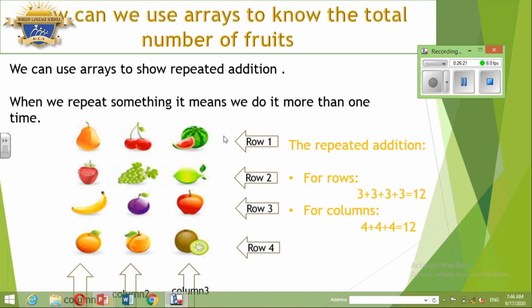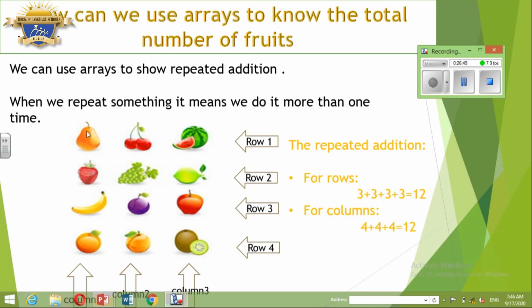And I also can use the columns to know how many fruits I have in total. We said that we have 3 columns, right? Okay, but how many fruits do I have in each column? Let's count together. This is the first column.